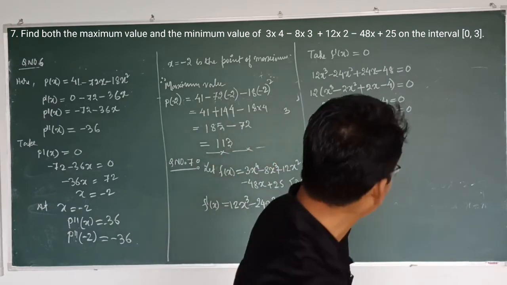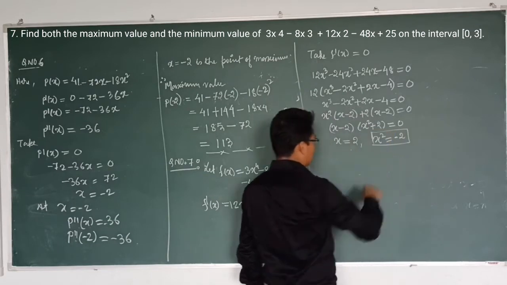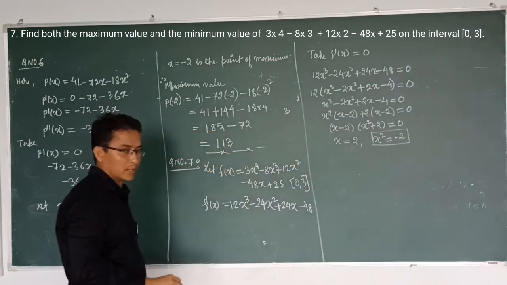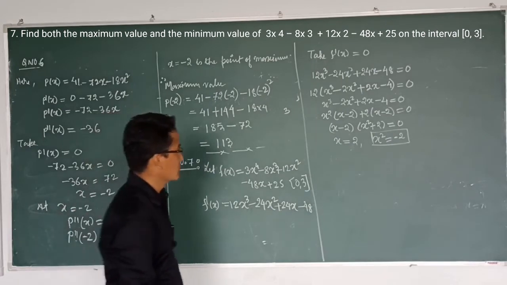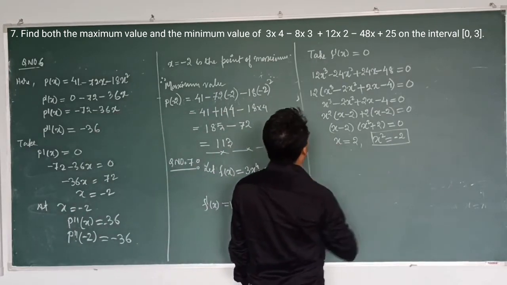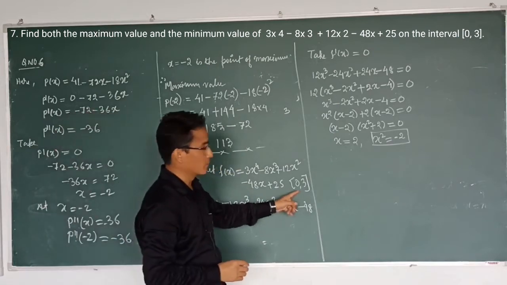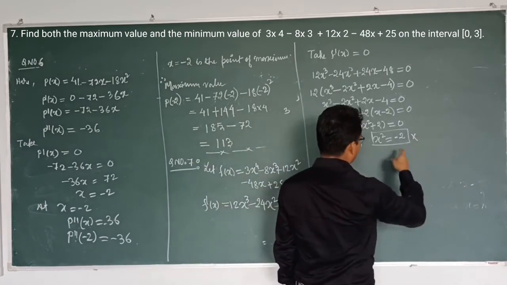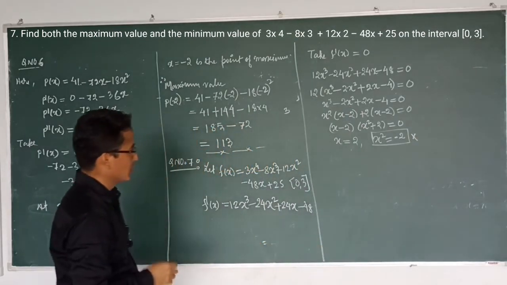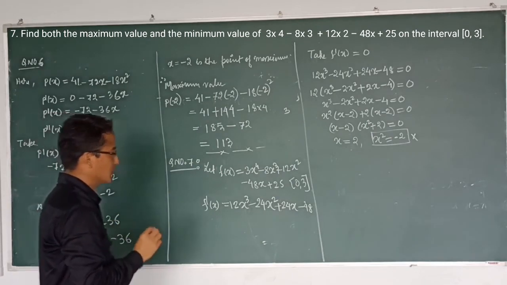We do not get a real value from x square equal to minus 2, because we cannot calculate the root of a minus number. So we take x equal to 2. Now we see whether x equal to 2 belongs to the interval or not. Yes, it belongs here. So we ignore the minus value and take only x equal to 2.